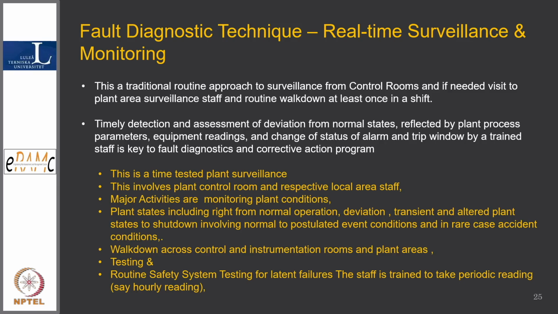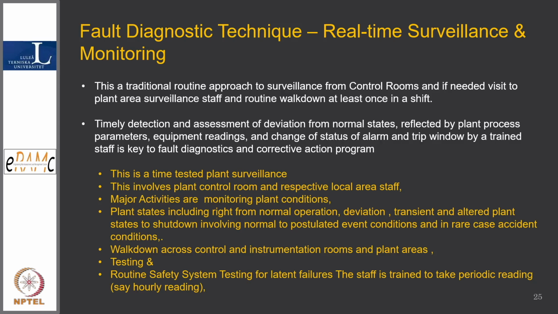And then there is an additional component: walk down in the plant. There are certain 5% features which, if you don't visit the plant area, or if the site staff doesn't tell you, you will not pick up, and some discussion will start. So what do we see there, what is the deviation from normal operation, noise level, or some change patterns in the plant, or some new spot was found, wet.